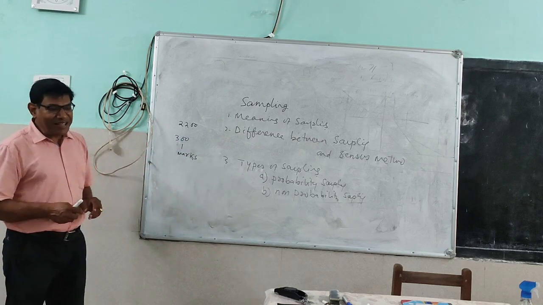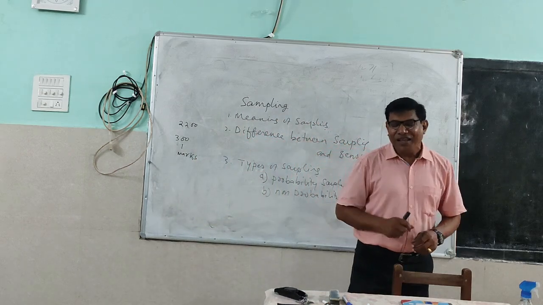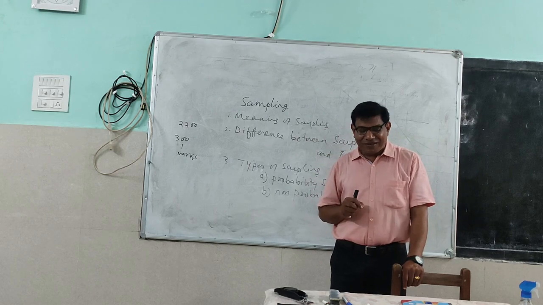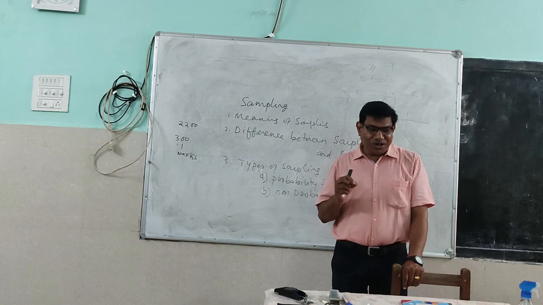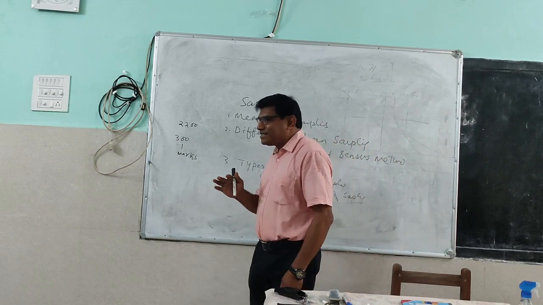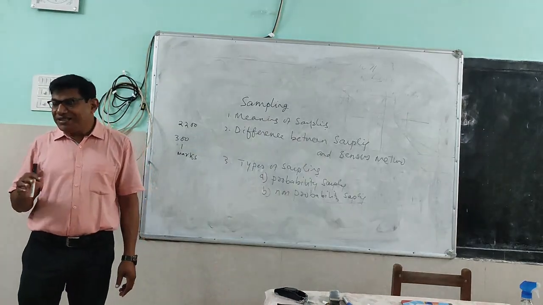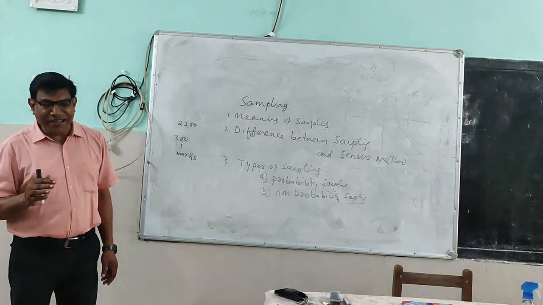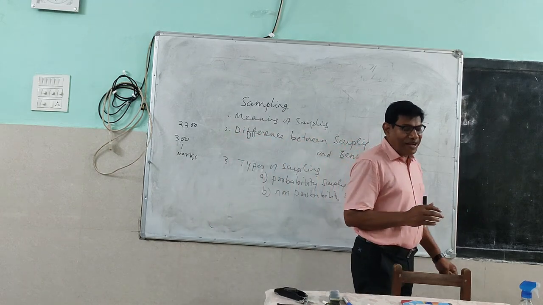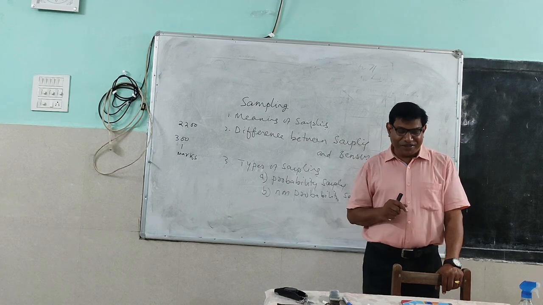In India, there is a very popular organization which is using sampling method, that is called the National Sample Survey Organization, NSSO, the leading organization of collecting data based on sampling method.